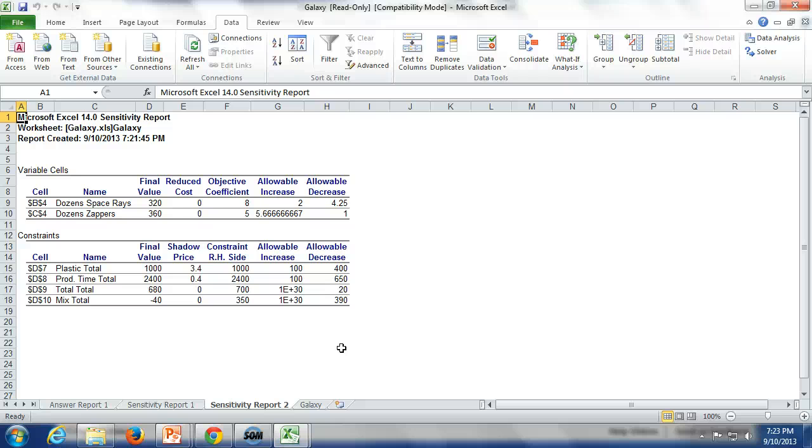If someone asked me on this final solution, if I want to buy 50 pounds of plastic at $4, would I say yes? $4 a pound. Would I say yes?